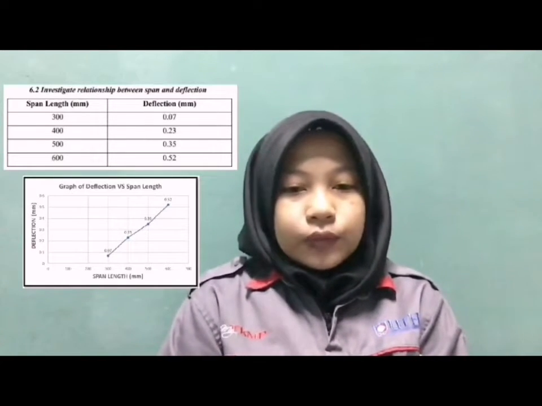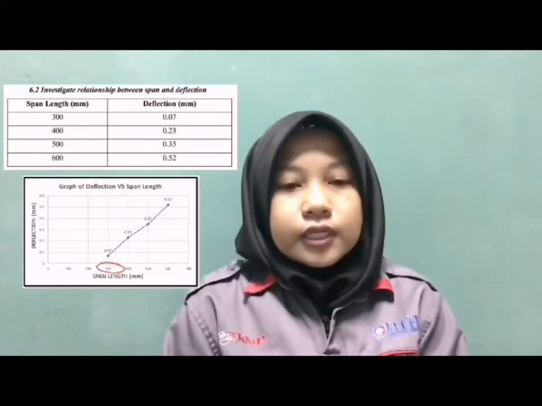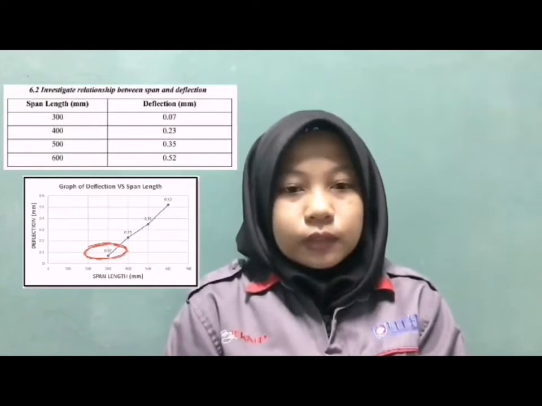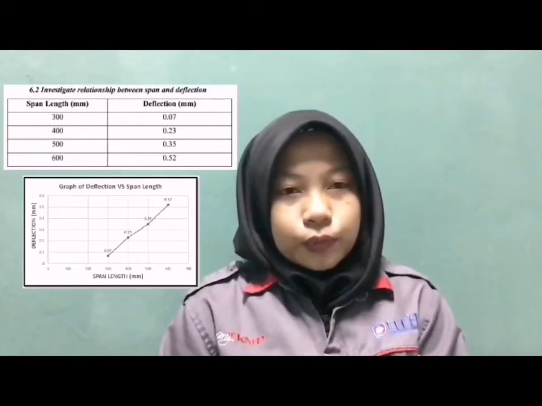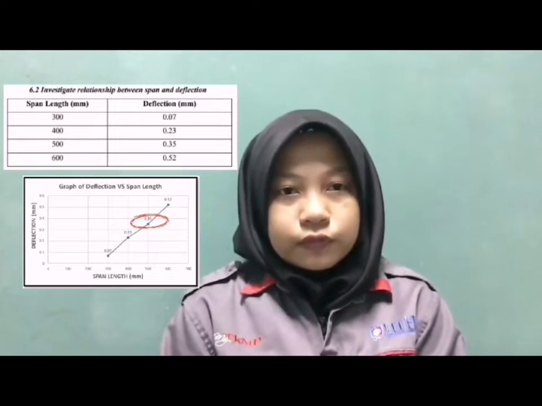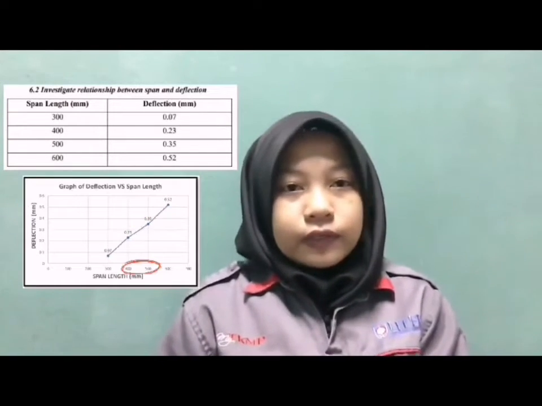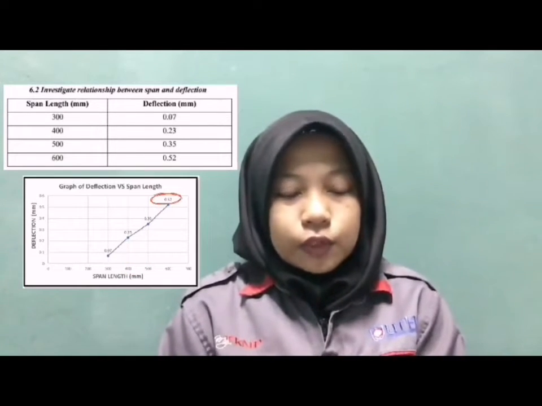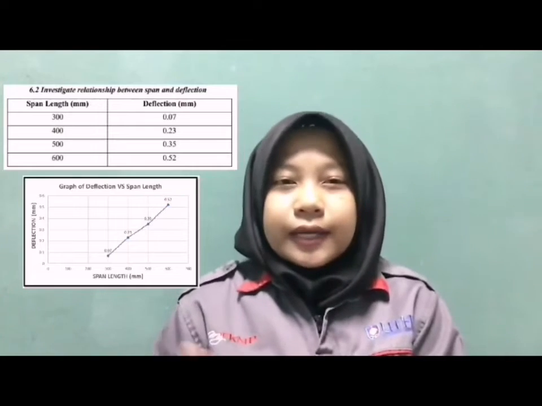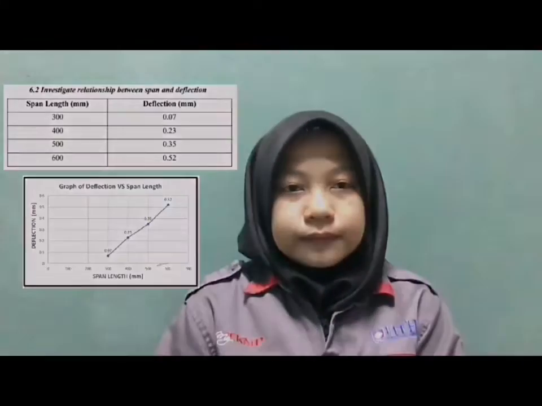The experiment starts with the shortest span length of 300 mm, which results in a 0.07 mm deflection. It continued to rise to 0.23 mm and 0.35 mm for span lengths of 400 mm and 500 mm respectively. With a rate of 0.52 mm, the highest deflection value was obtained at the longest span.